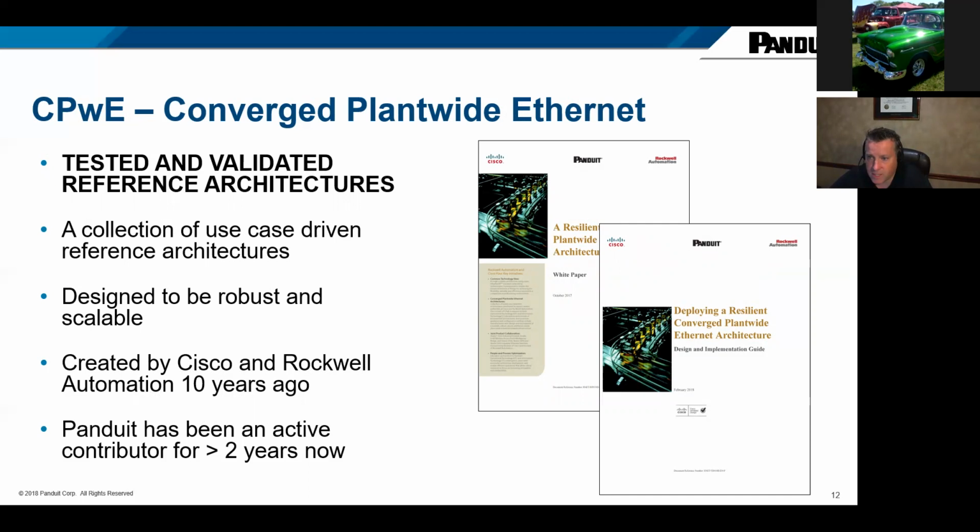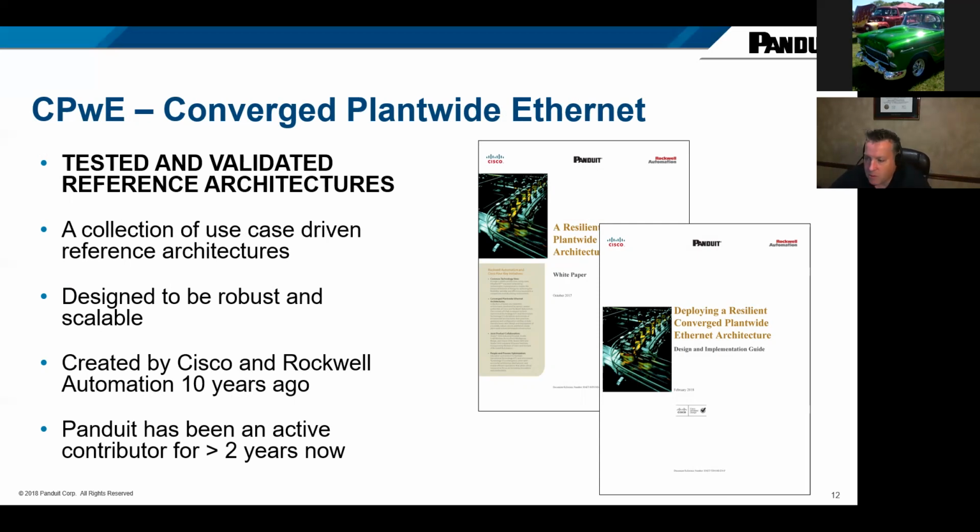It's free for you guys to download out there. I think it's like 300 and something pages. It was started by Rockwell and Cisco over 10 years ago, and they created this architecture that they had been implementing.